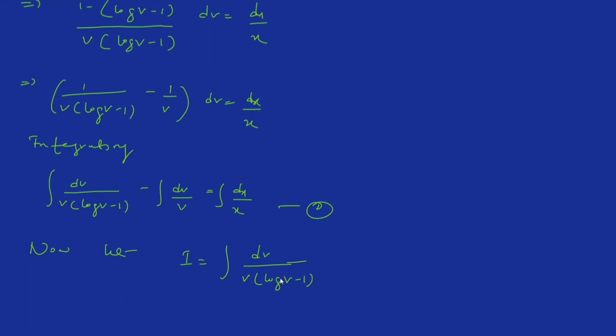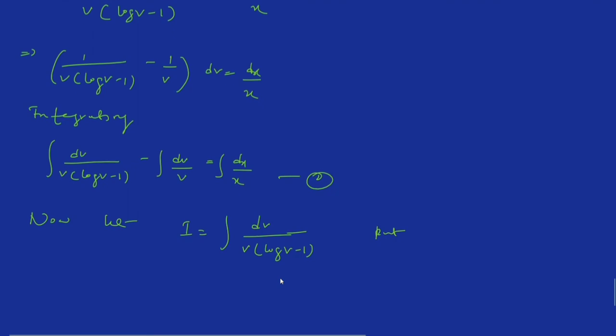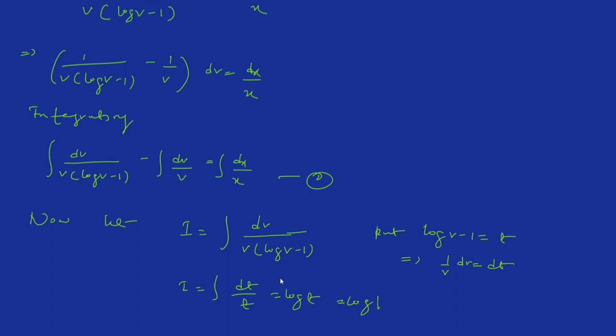Put log v minus 1 equals t, which implies 1/v dv equals dt. So I becomes the integral of dt by t, which equals log t, which is log of (log v minus 1).